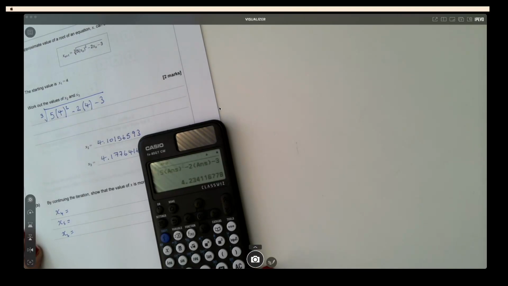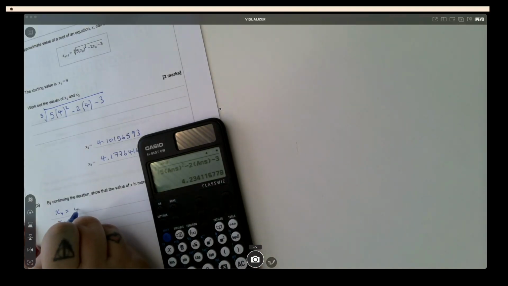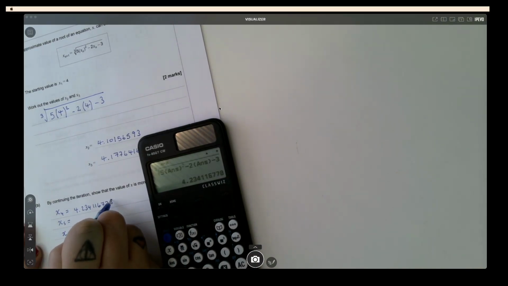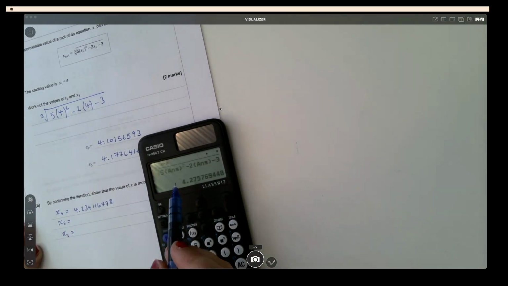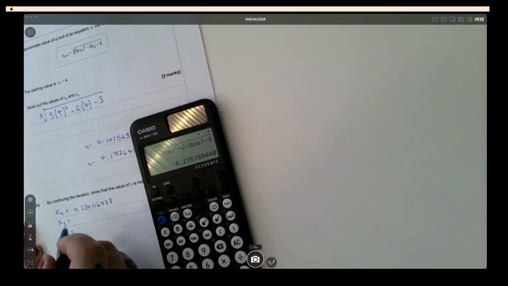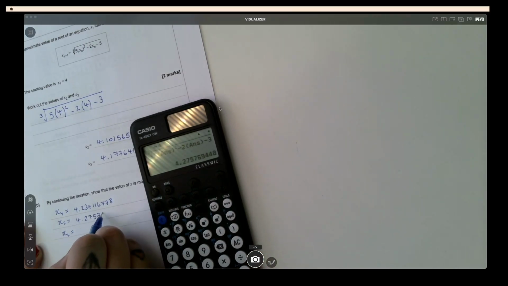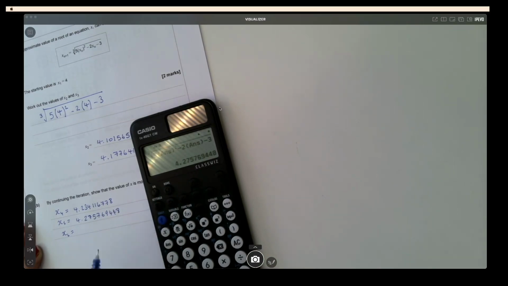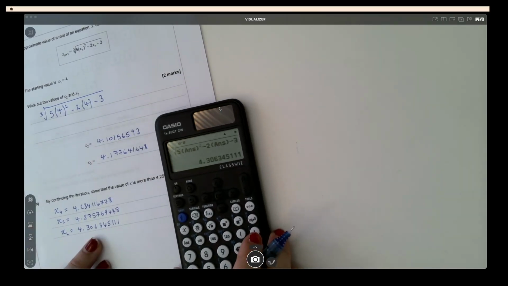If I press equals, x4 is 4.234116778. Press equals again, it's using the previous answer because I've used the answer button, so x5 is 4.275769448. Then again, x6 is 4.30634511.